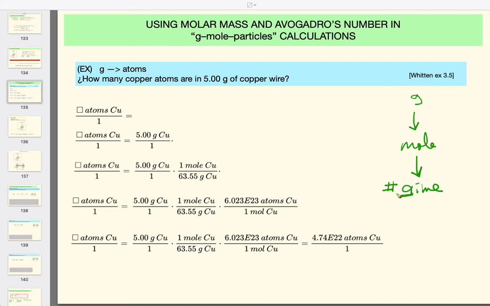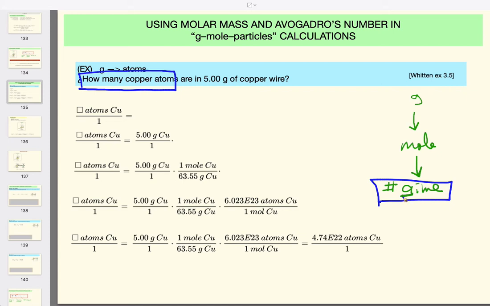So let's start out. The first thing we want to do is draw our box and our star, because we need to know what we're doing here. We're looking for how many copper atoms. If we're looking for how many, that's going to be this number here. That's our box.